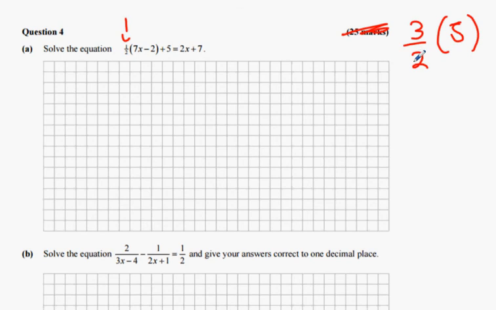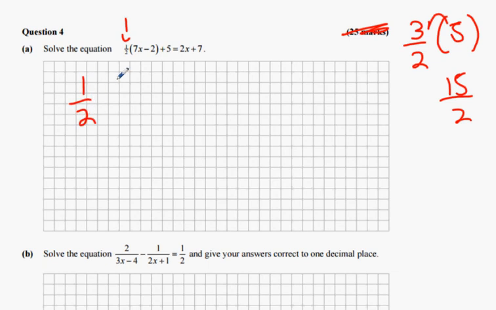So what do I need to do here? 3 times 5, 15, and 2 times 1, 2. Basically, top by top being 15 and maintain the bottom. Unfortunately, the calculator won't help you out here because it's algebra.